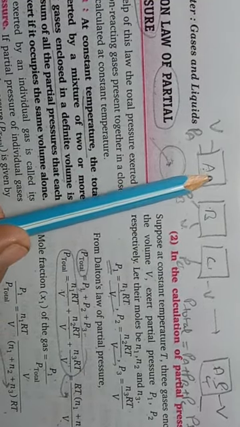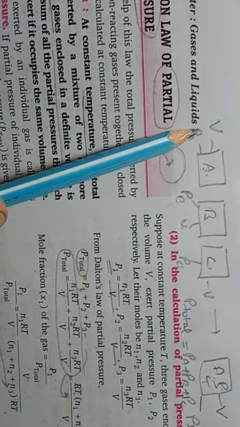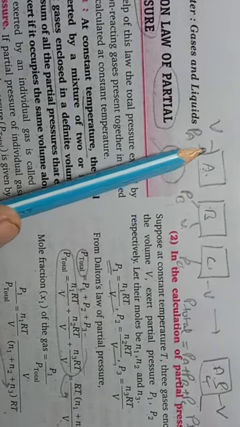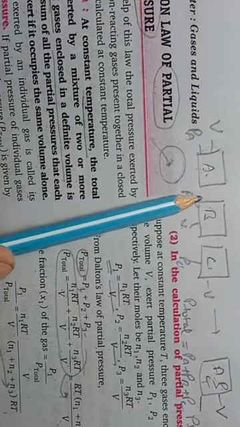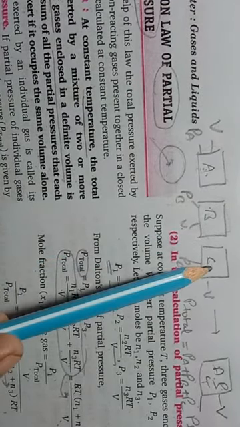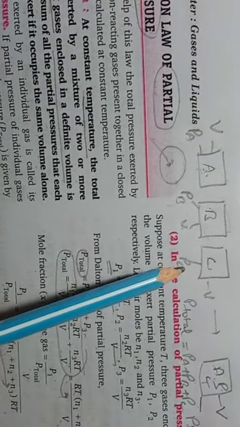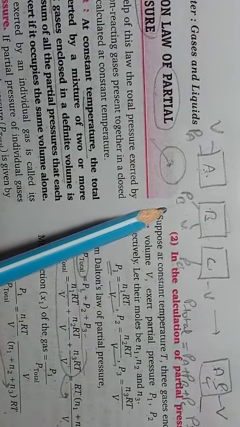Let in this individual condition, gas A exert pressure PA on the wall of the container. Same way, gas B exerts PB pressure on the wall of the vessel, and C exerts PC pressure on the wall of the container.